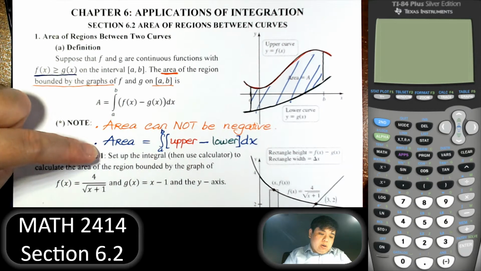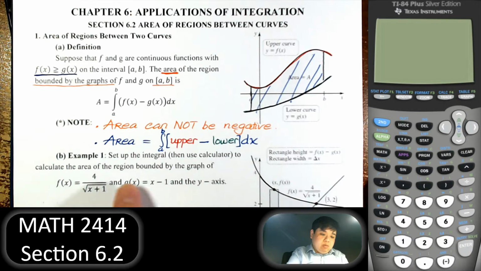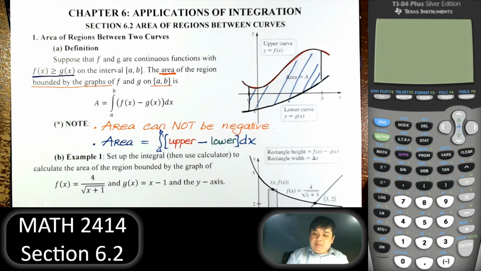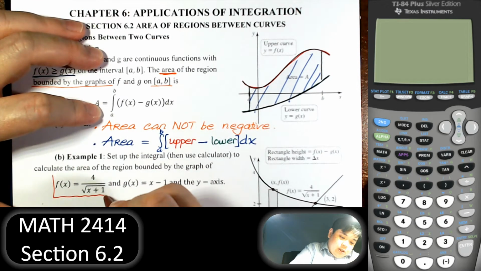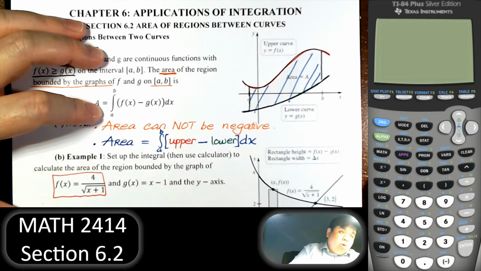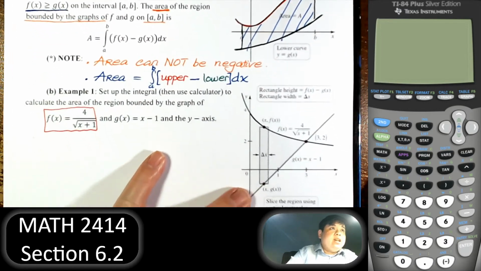Set up the integral, then use the calculator to calculate the area bounded by those two functions and the y-axis. So first, we have f of x equal to 4 over square root of x plus 1, and we have the graph here already.